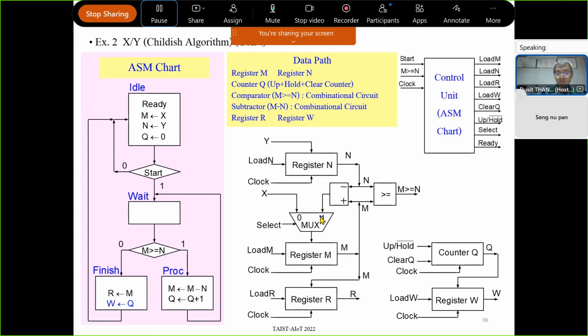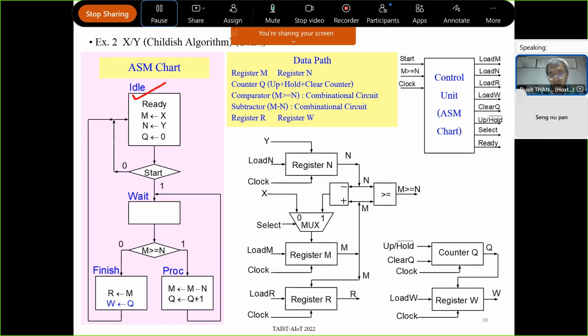Yes. In this part, why especially do we need a multiplexer? We need it for the problem because register M at this state loads data from X, but at this state the same register M loads data from M minus N. Different source of the input, from X and from M minus N. So you need a multiplexer.